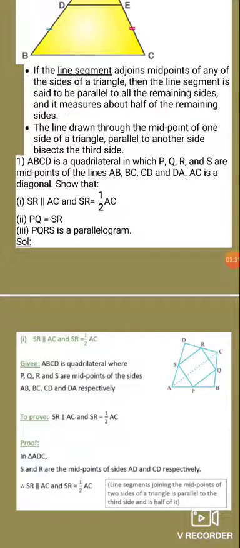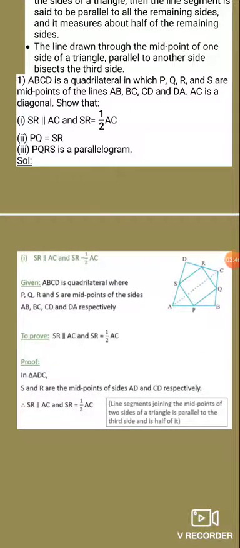Now listen. First one, SR parallel to AC and SR is equal to half of AC. Given ABCD is a quadrilateral where P, Q, R and S are the midpoints of the sides AB, BC, CD and DA respectively. We need to prove SR parallel to AC and SR equal to half of AC. For the proof, consider the triangle ADC.